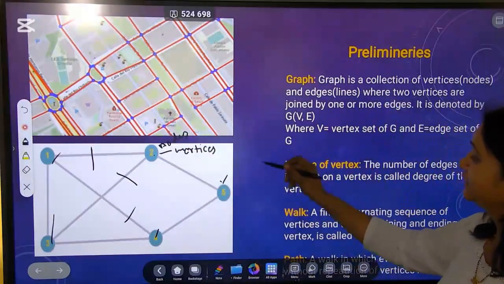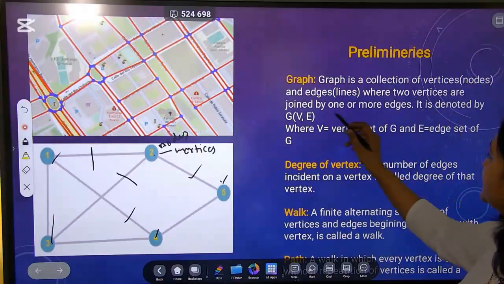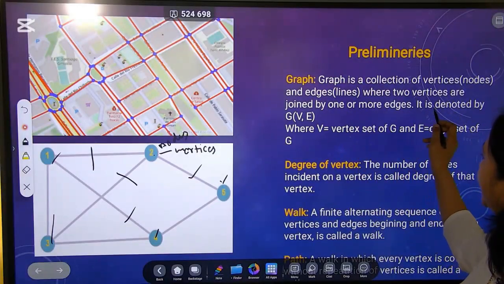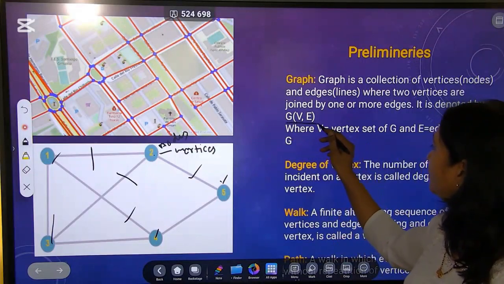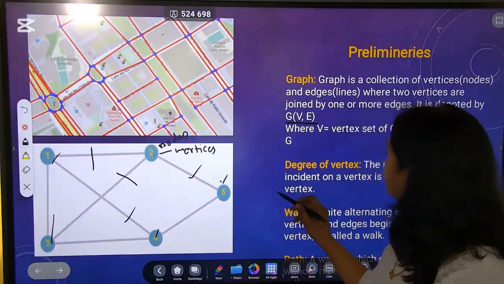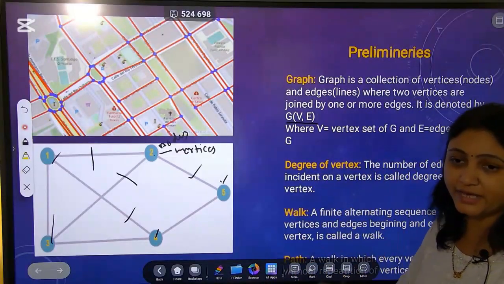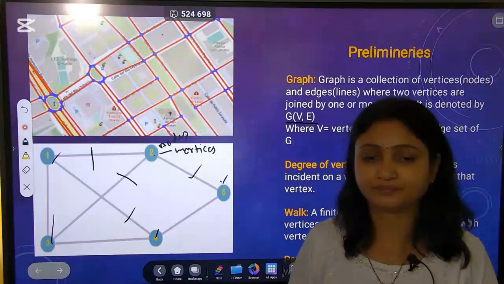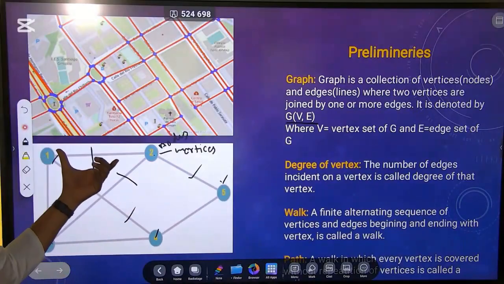And the edges, the lines, where two vertices are joined by one or more edges, and it is denoted by G(V, E), where V is the vertex set of G and E is the edge set of G. So this is all about graph.